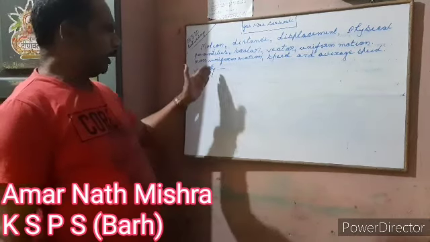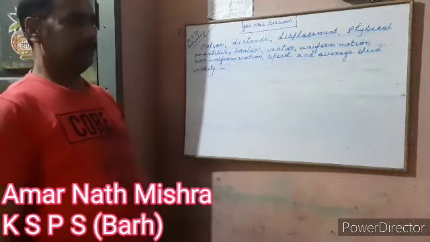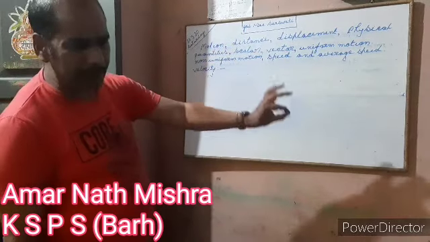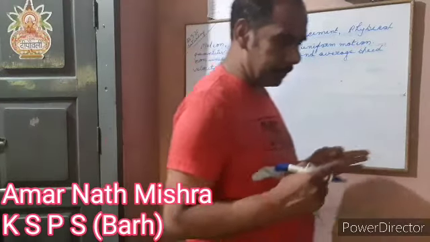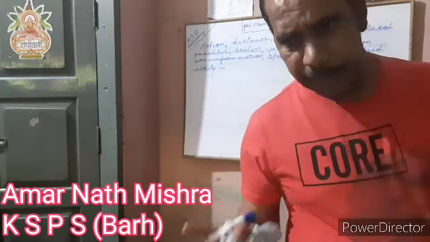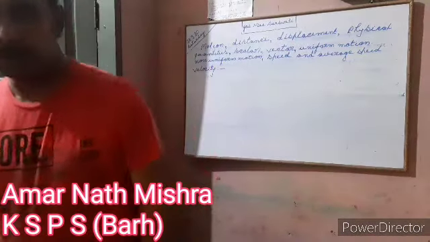Now, you add an extra word. If a speed is in a specific direction, it becomes velocity. When a speed travels in a specific direction, it becomes velocity.